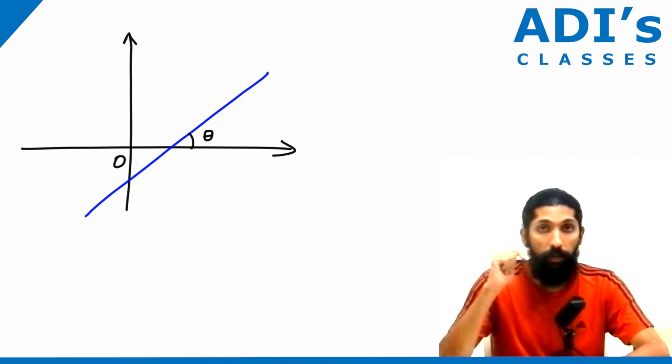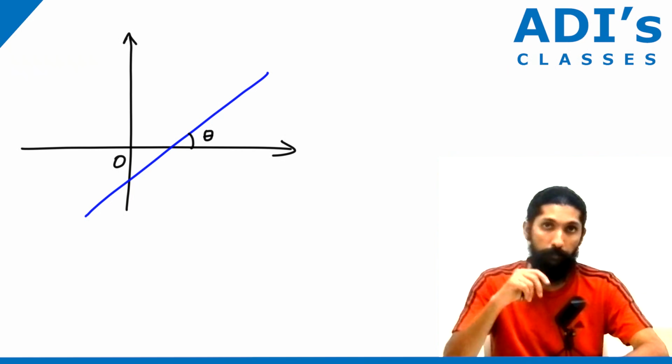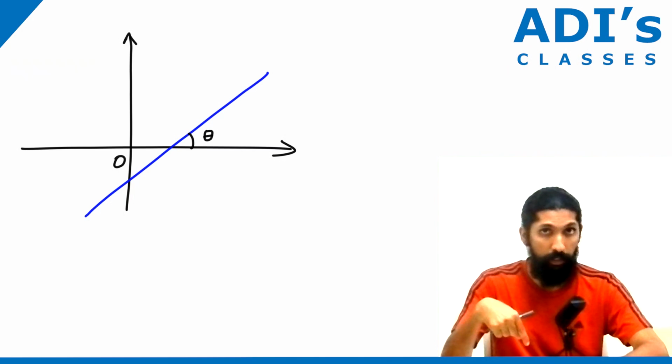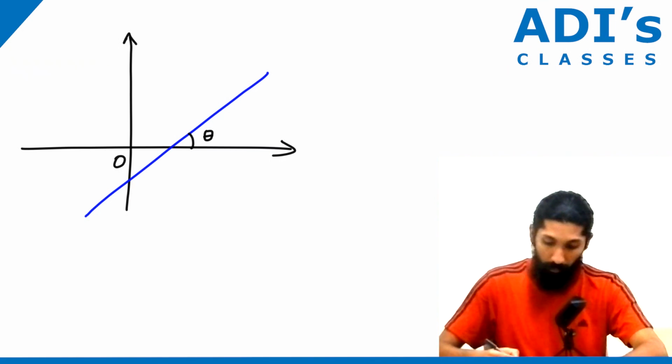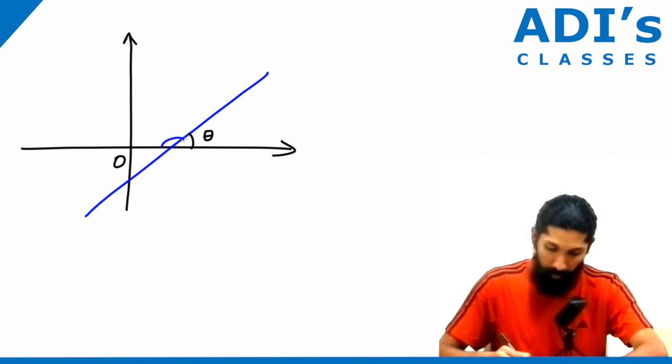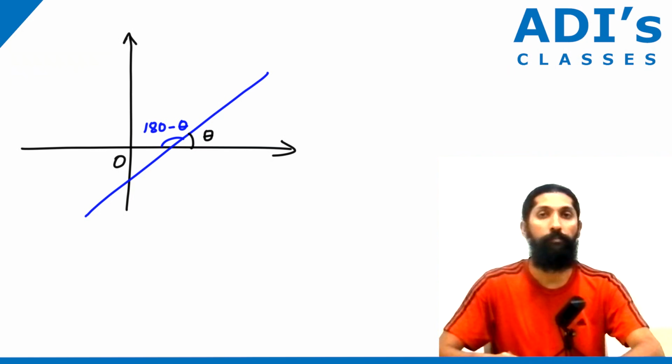Now there are two values. With respect to x-axis only, there are two angles. So if this angle is theta, then the other angle is going to become 180 minus theta, correct? So you have two angles.